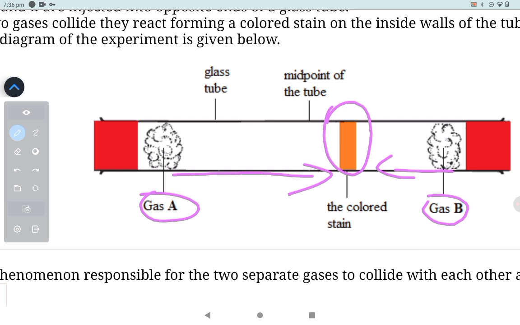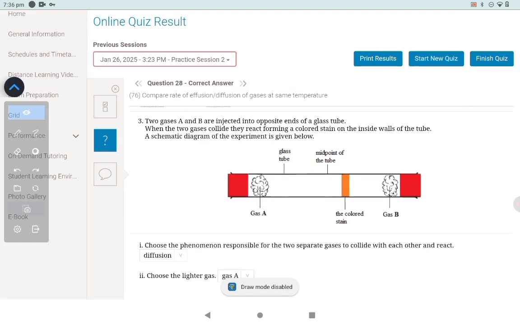So gas A went faster, so it was able to cover more distance than gas B did, and then they collided at the orange part. So gas A is the much faster one because it reached a further distance.